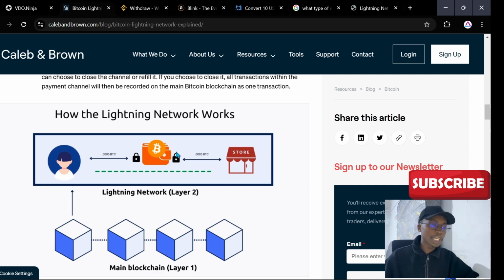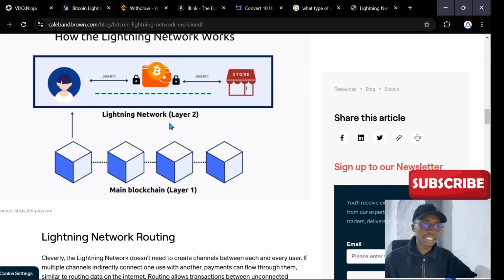So you will be able to transfer the value of money in terms of Bitcoin to the store that accepts Bitcoin, and it will be only from you. You will access your wallet, and you will use the Lightning Network, and it will go directly to the store. That is how powerful the Lightning Network is.